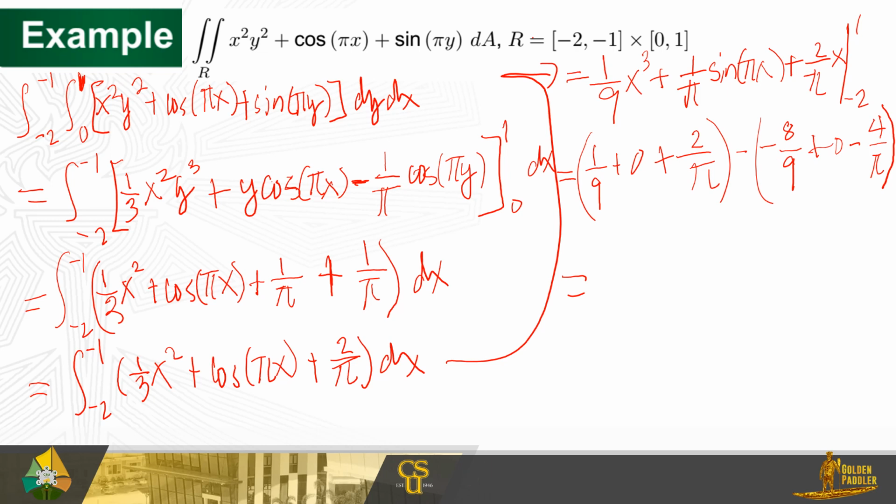So 1/9 plus 8/9 becomes 9/9, or we have 1. Okay? Then we also have here 2 pi and positive 4 pi. So that becomes positive 6 pi. Okay, so 1 plus 6/pi. Okay.